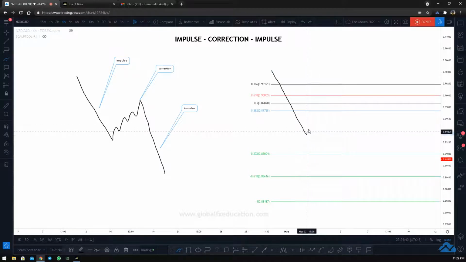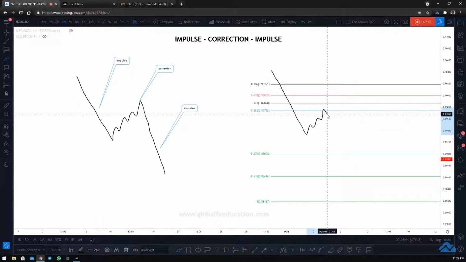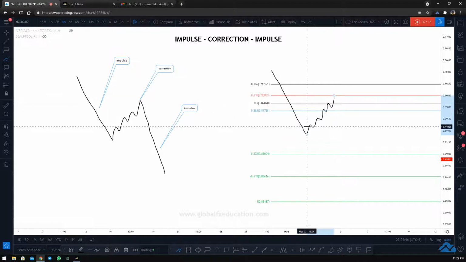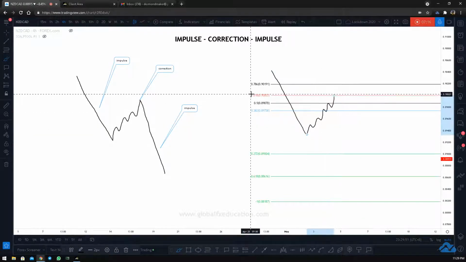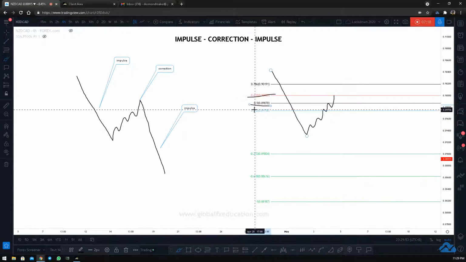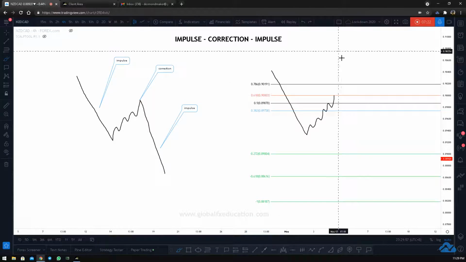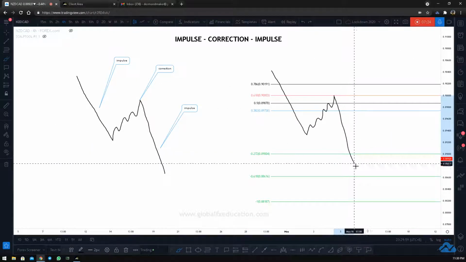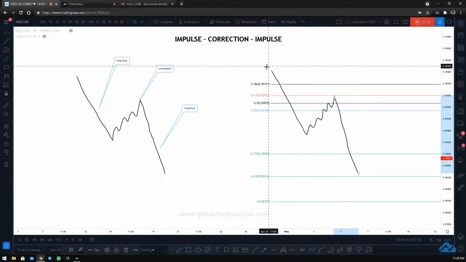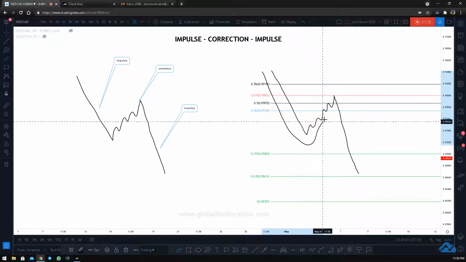So the market will start a correction and it will move up. Before the market actually starts to move back down, it will test one of the Fibonacci levels mentioned here in this diagram before it actually starts to move to the downside to create this beautiful impulse, correction, and impulse pattern.